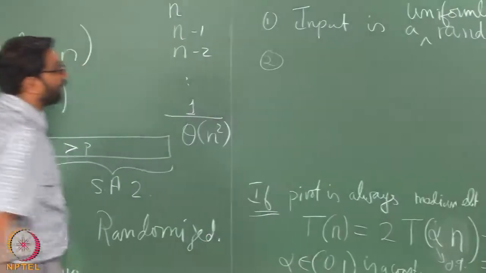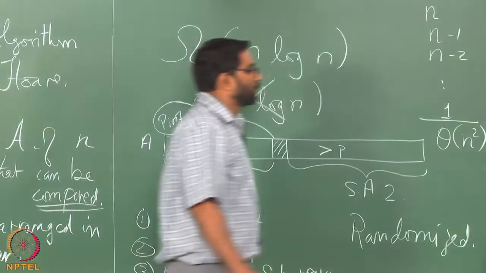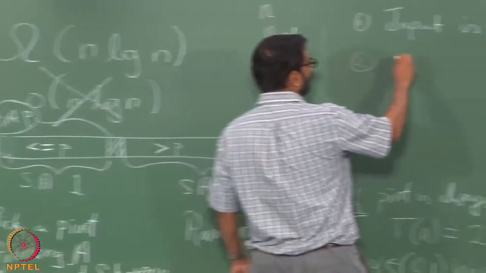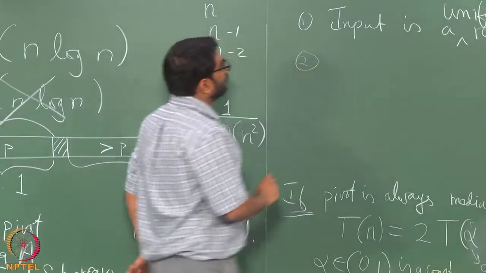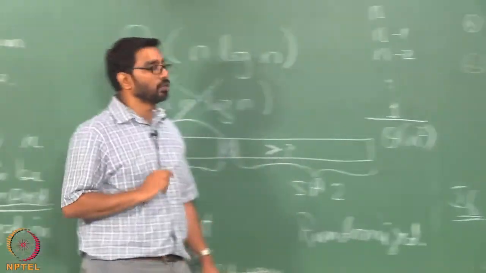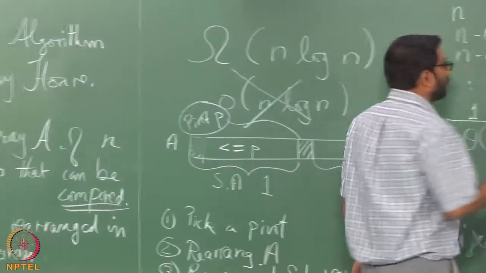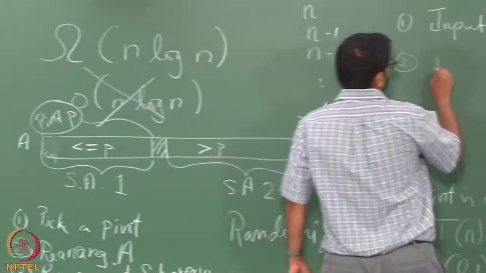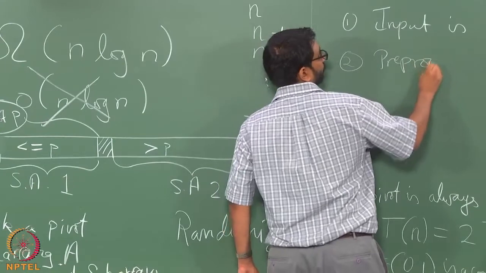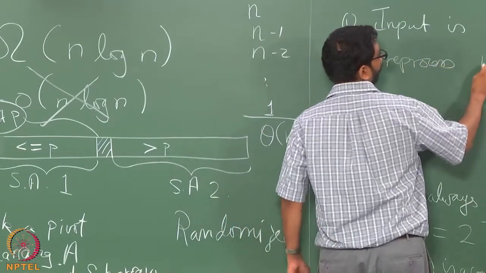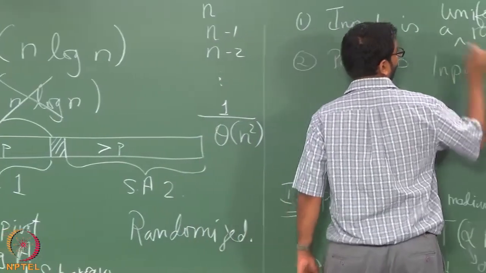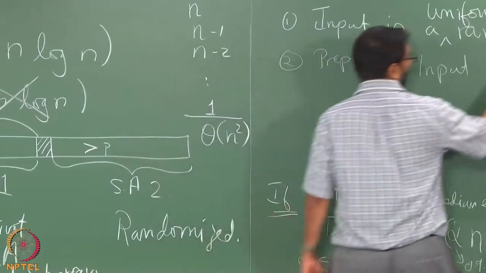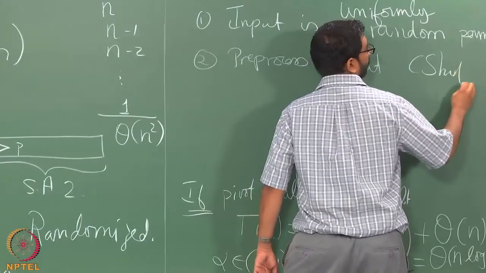You don't make the assumption that the input is uniformly at random. You do a pre-processing step. In other words, shuffle it.